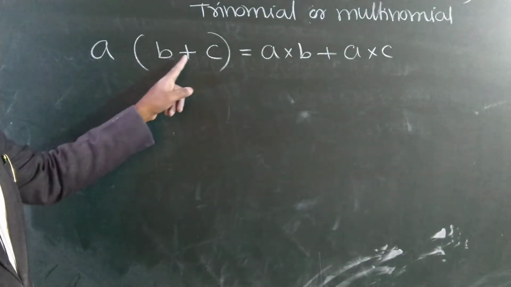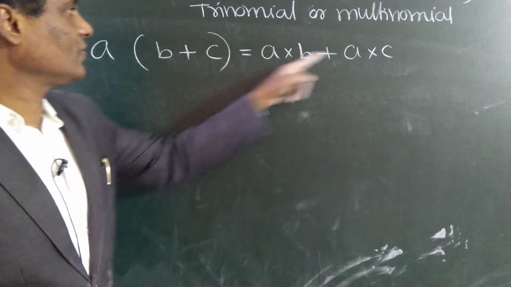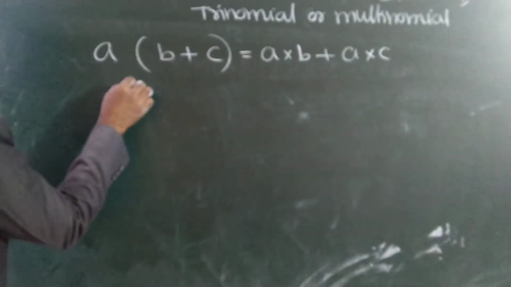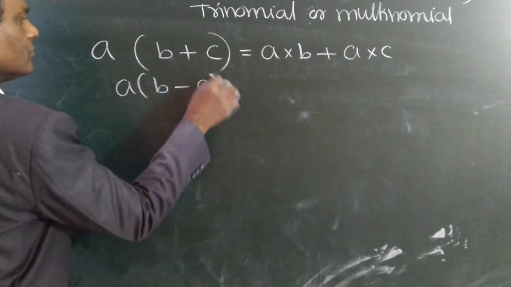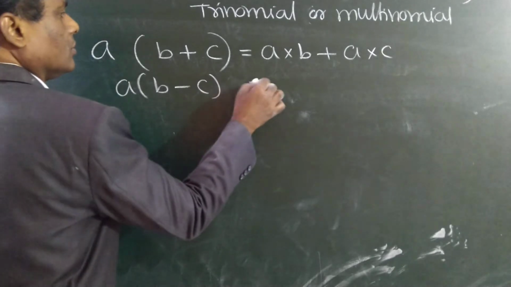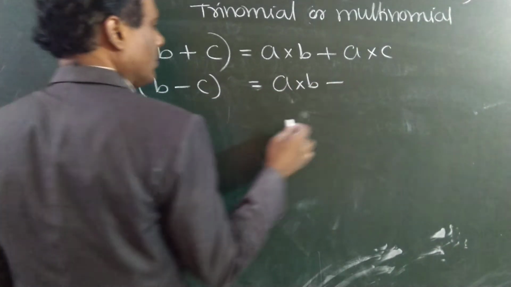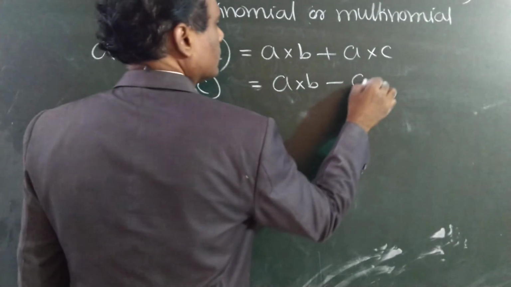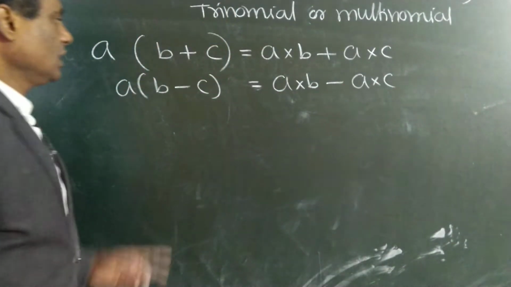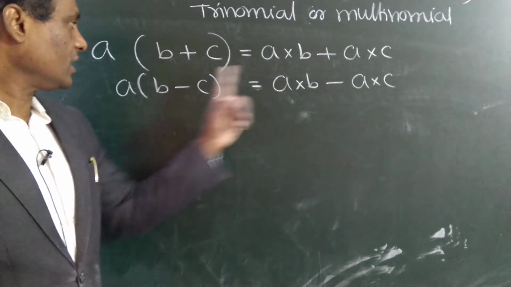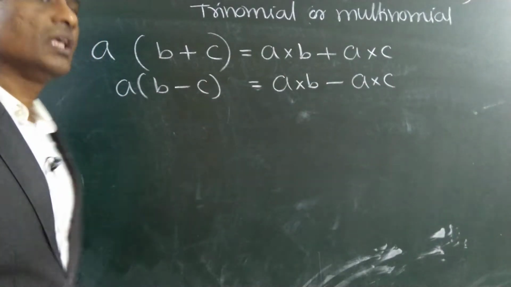Suppose if it is minus, you will get minus: A into B minus A into C.